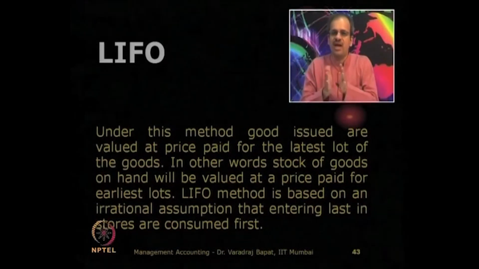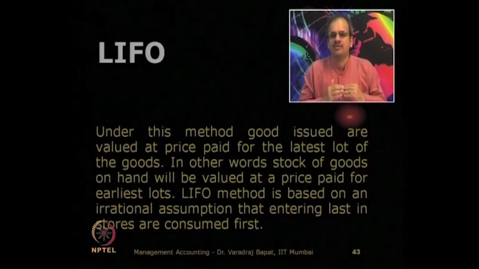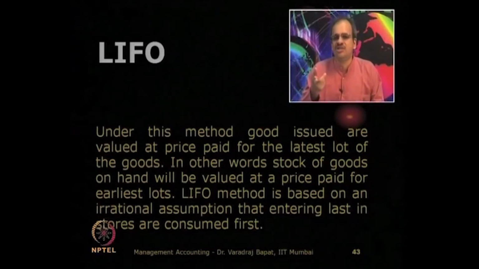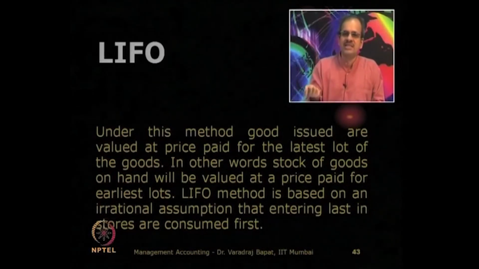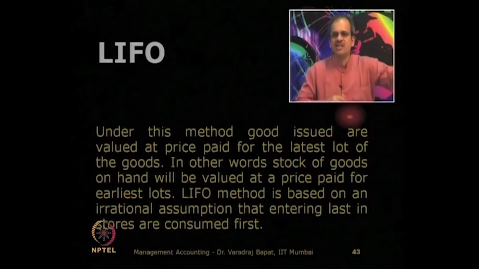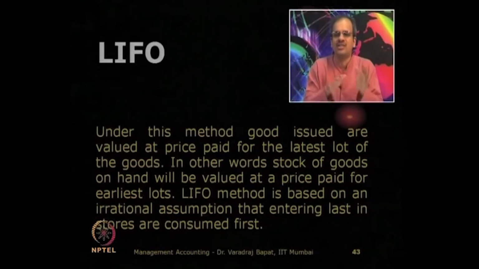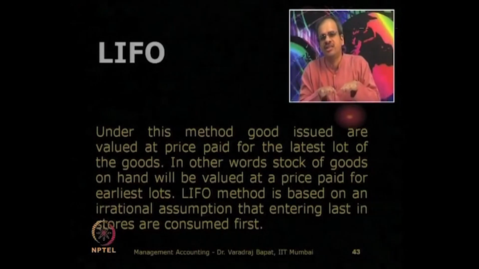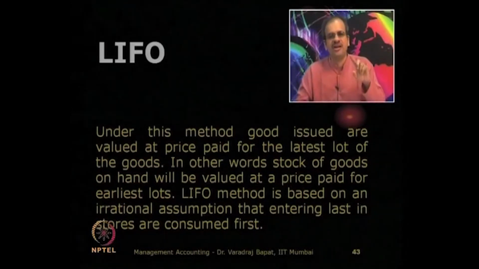Consequently, the ones which are received earlier always remain in stock. This is somewhat an irrational assumption. Whatever is latest purchased is immediately sold out, whereas the earlier lots still remain with us in the godown. That is the assumption under LIFO.